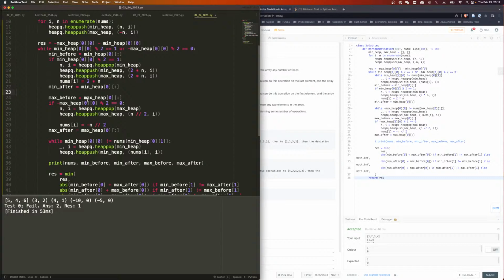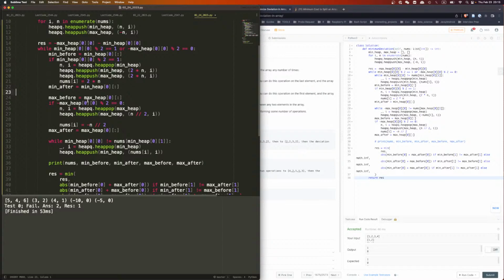What I want is the mean change, right? So we have a min heap and a max heap. Min can change, right? Now after min changes, max might change as well, right? Then we do the comparison.